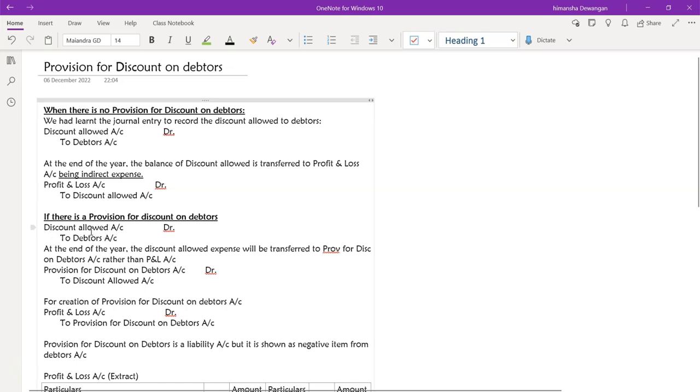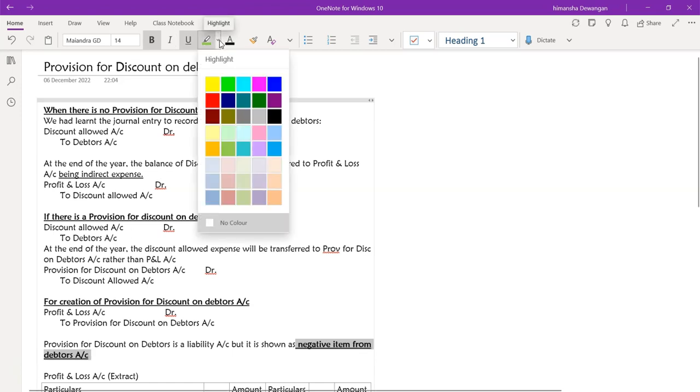So what are we going to do? Similar to the bad debts, we are going to make a provision. So for creating the provision, we will have this. For creation, P&L account debit to provision for discount on debtors. Now, provision for discount on debtors is also a liability, similar to provision for doubtful debts, and is shown as a negative item from debtors. Again, similar to the provision for doubtful debts.